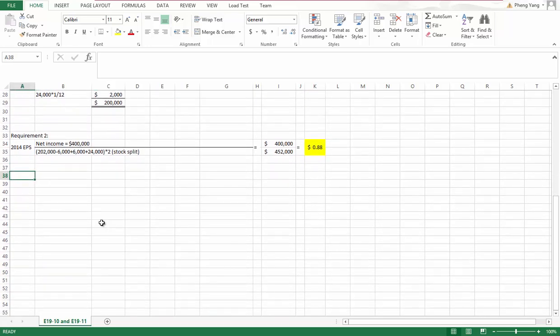All right. And then for requirement 3, at what amount will the 2013 earnings per share be presented in the 2014 comparative financial statements?